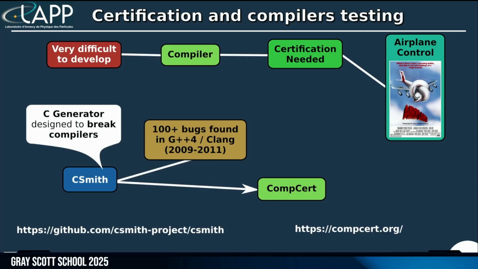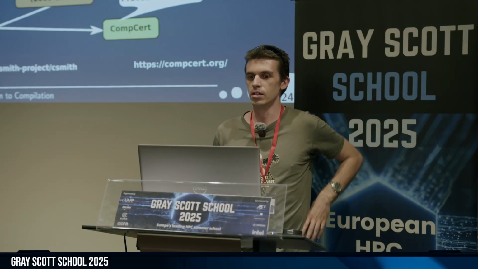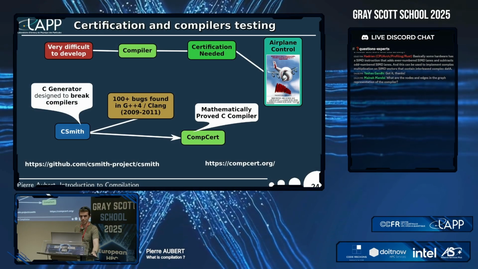The point is you can do everything you want in terms of optimization, and if it's compiled, the code will be correct. We will not talk about that during this call, but it's possible if you want to have certification. It's really hard to do, really hard, but you can have a look if you are interested. So it's a mathematically proved C compiler.